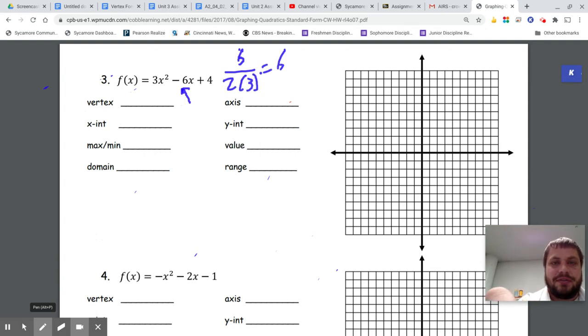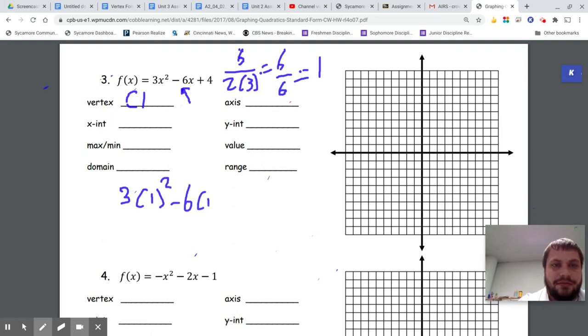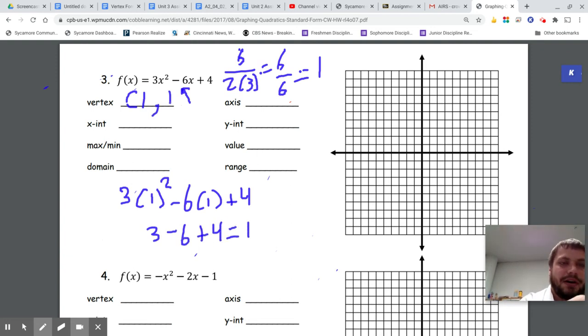That's 6 over 6, which of course is equal to 1. That's the x coordinate of my vertex, 1. I'll now plug that back in to find the y value. So I've got 3 times 1 squared minus 6 times 1 plus 4. That's 3 minus 6 plus 4, which is 1. So my vertex is at 1, 1.